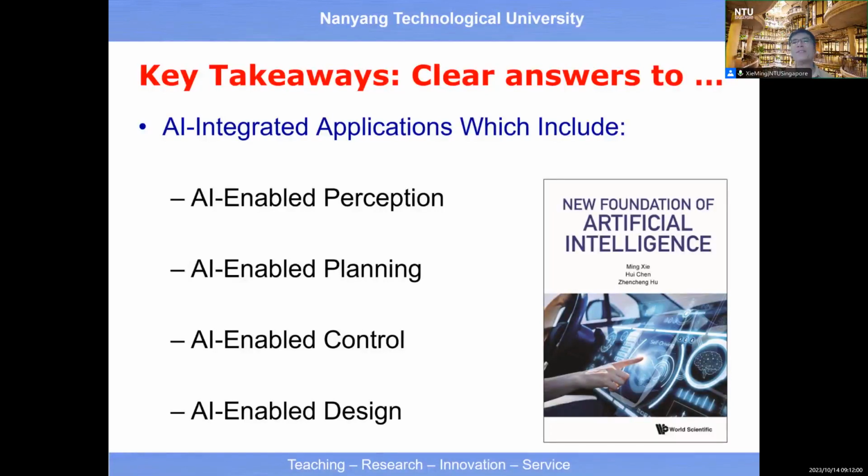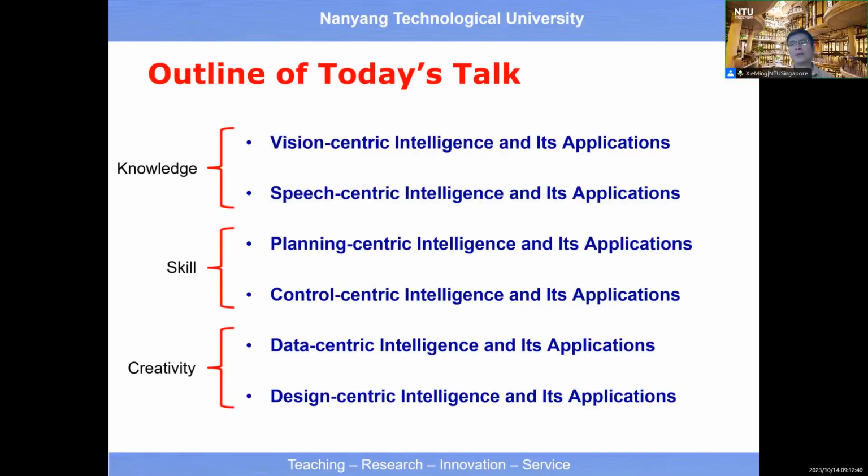Design does not mean you are only going to design a table or a useful product, right? So composing music or composing a poem, etc. are also mental activities under the category of design, right? So design actually refers to the highest level of mental capability of an intelligent system, intelligent machine, or eventually the human being as well, right? Okay, so this will be the key takeaway from today's study.